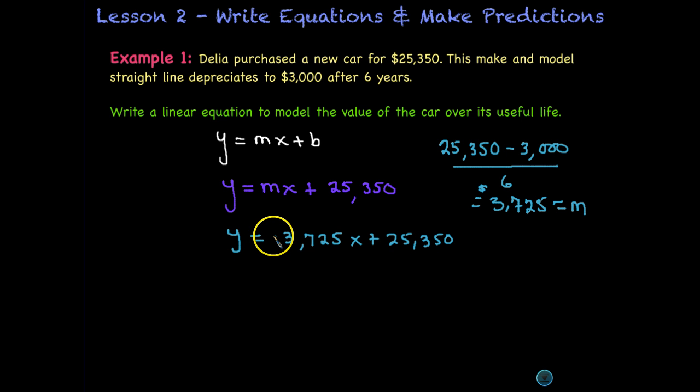Hopefully you said subtract. So we need to always have a minus here because we are going to take the accumulated depreciation and we're going to always subtract it from our asset cost. Okay, here is our linear model that represents the car over its useful life. Let's try another example.